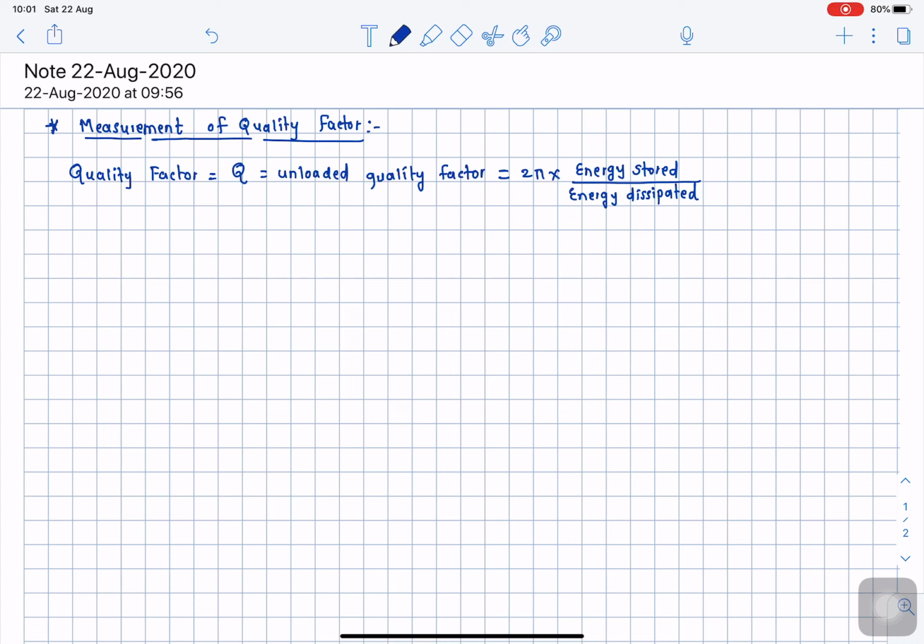So the quality factor is the measure of how well a given circuit or device is able to store the energy, either in the form of inductive energy or capacitive energy, right? The quality factor for certain devices and circuits is very high in comparison to other devices.